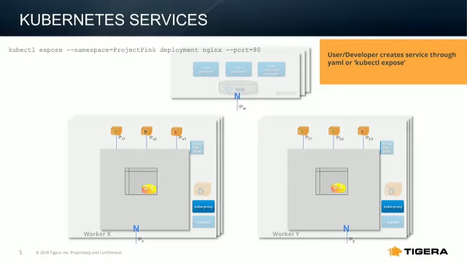So what's going to happen is kubeproxy will get notified that there is a new service created, and it's going to pick that up and get a list of all the things that match that service. In this case, everything in the deployment Nginx in the namespace Project Pink. And it's going to create NAT rules for that.